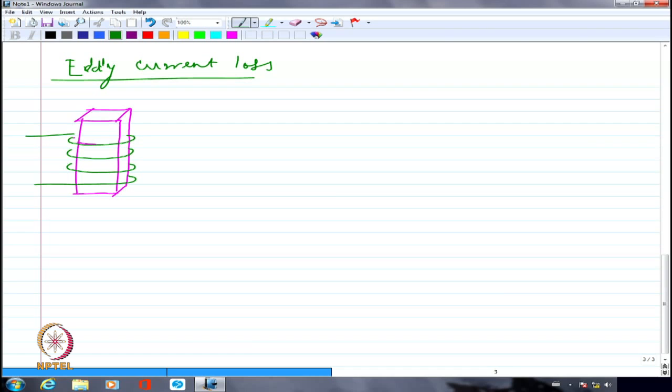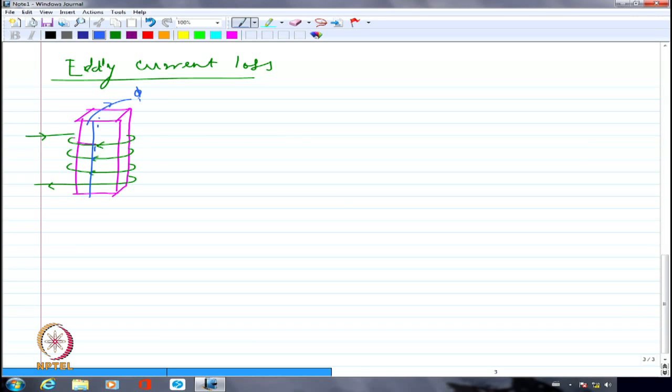So let us say the current is going in here, so it will go like this and come out like this. Fine? So I am going to have definitely the flux line perpendicular to this, so it is going to be like this. The flux line is going to be like this. This is how the flux line is. Right?